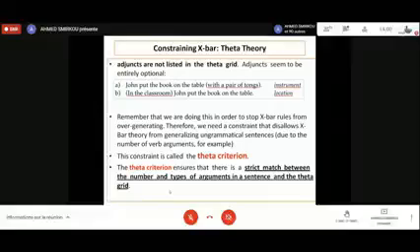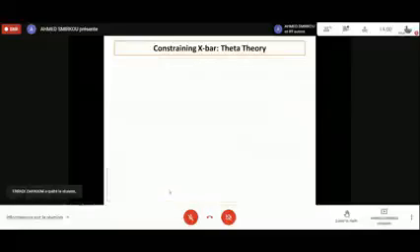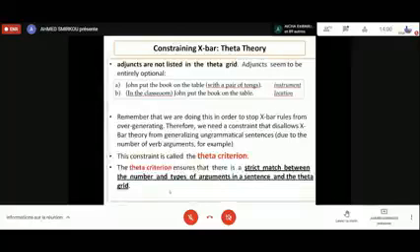If it requires 3, there must be only 3. This is the function of this constraint. Okay, Theta Criterion. Is it clear, please? Because the Theta Criterion is a very interesting concept in this chapter. It's one of the most important concepts we have covered so far.